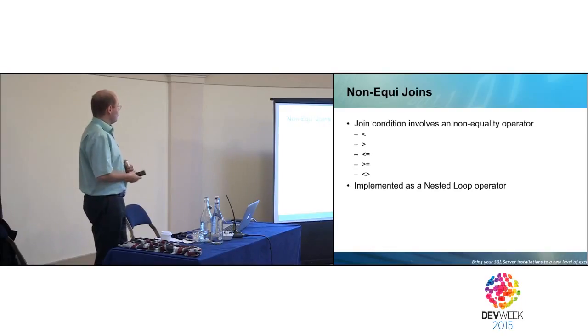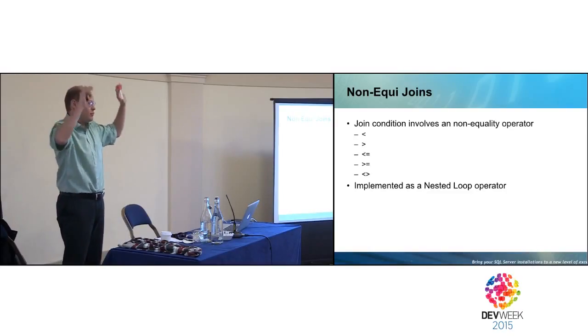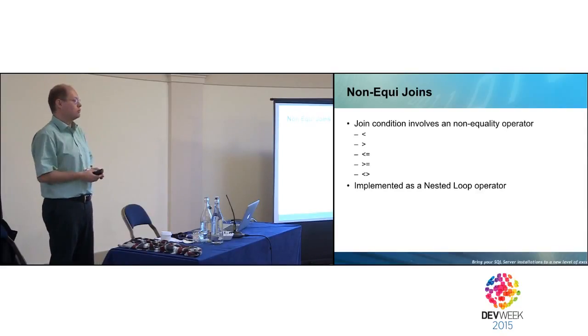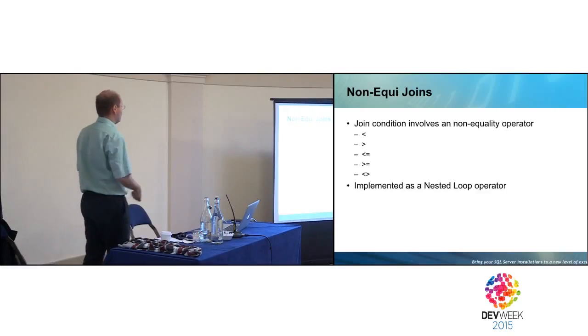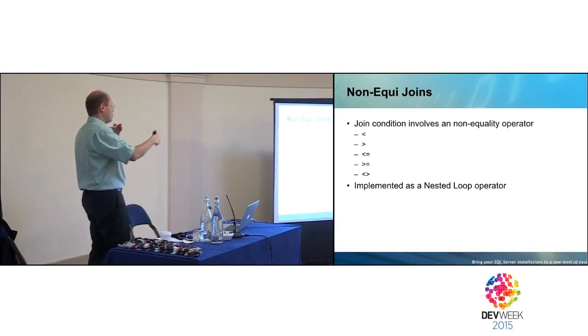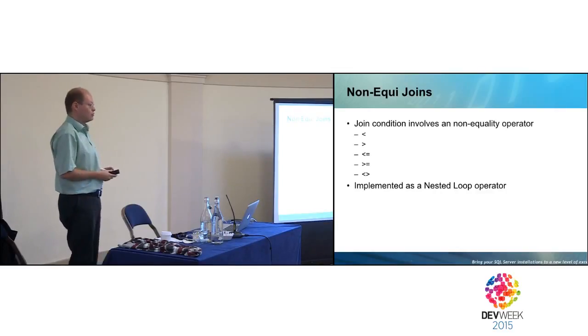There are also so-called non-equijoin operators. Here when we say a.id equals b.id, we have a so-called equijoin, the equal sign. When you do not have the equal sign, like you say smaller than, larger than, not equal to, then this is a so-called non-equijoin.